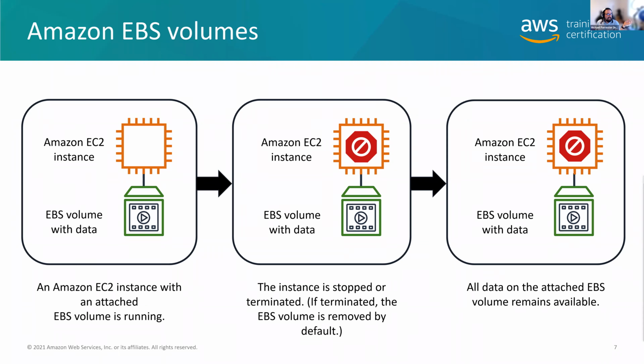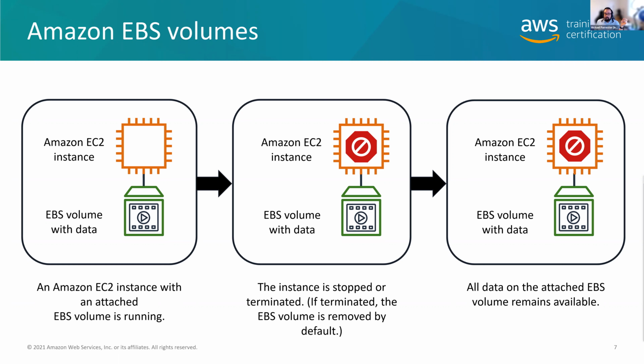Elastic Block Store is technically the name. And this is a permanent volume that exists almost like a dedicated storage service that shares its disks with the EC2 virtual machine.